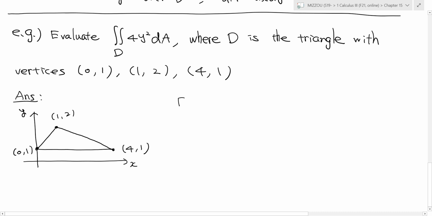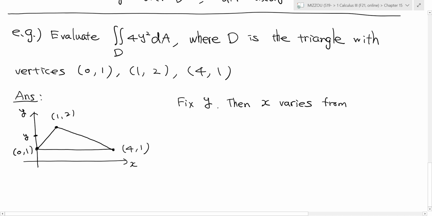Let's first fix y, namely we view it as a constant. So you just pick a y, and then let's ask this question. In order for you to be in this triangle, your x value has to vary from what to what?